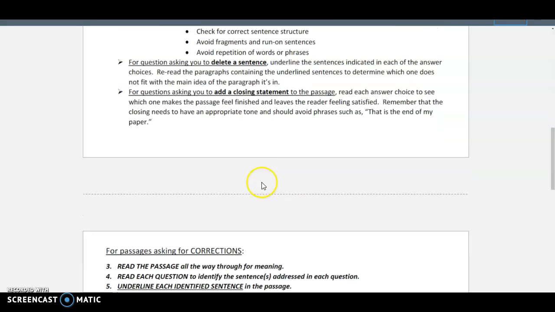For the questions that are asking you to add a closing statement, read each answer choice to see which one completes it. And again, the closing has to have the right tone, and it shouldn't be lame like "that's the end of my paper."